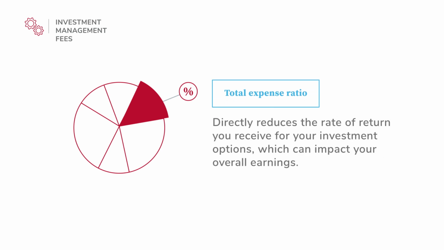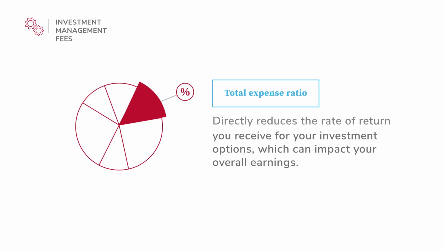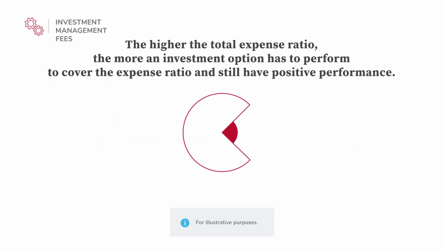The total expense ratio directly reduces the rate of return you receive for your investment options, which can impact your overall earnings. The higher the total expense ratio, the more an investment option has to perform to cover the expense ratio and still have positive performance.